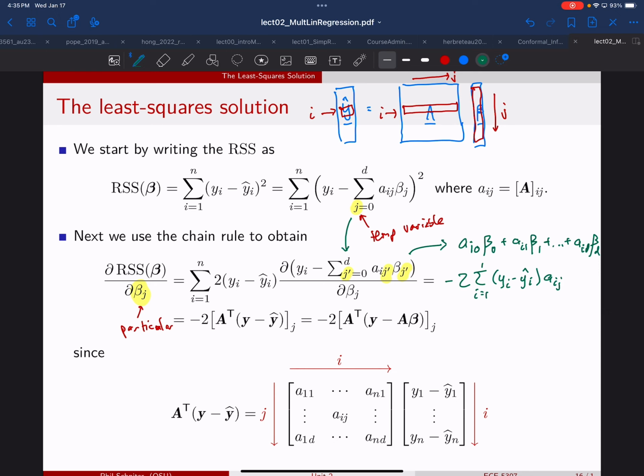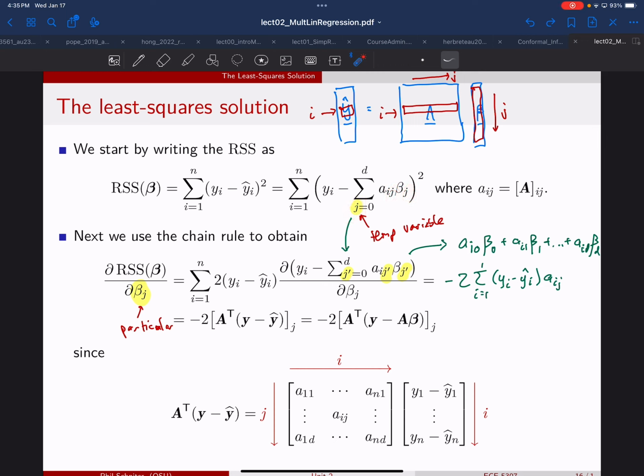So j, on the left side, we said I want to look at the partial derivative with respect to the jth entry. And j is there, it's some fixed index, the 0th or the first or second. But meanwhile, here, we're trying to express this in a more compact form. So we express it as a sum, and we can choose any variable we want here in place of j.